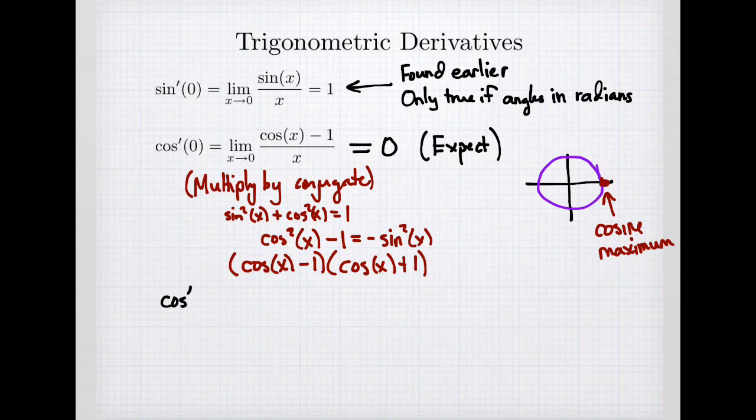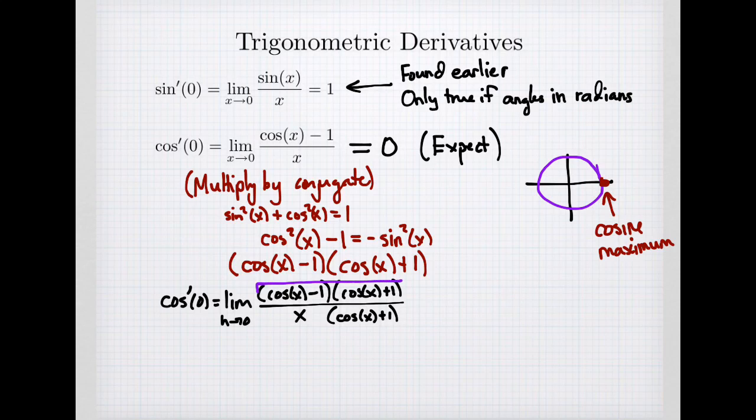So cosine's derivative at 0 is the limit as h goes to 0 of cosine of x minus 1 times the cosine of x plus 1, divided by x, and we have to have the conjugate in the denominator as well, so that when I multiply out the numerator, I'm going to be replacing that with minus sine of x squared.